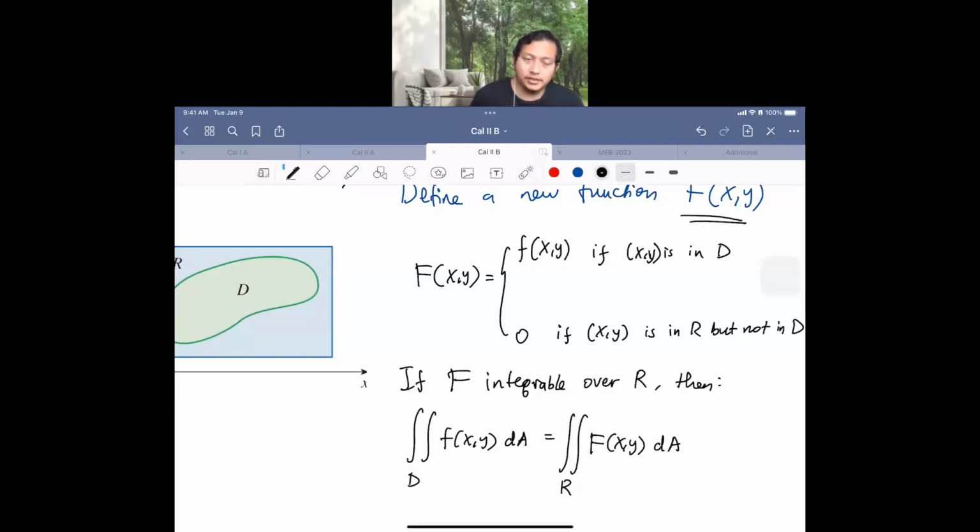Still, we need to imagine there is a rectangle that encloses the D.